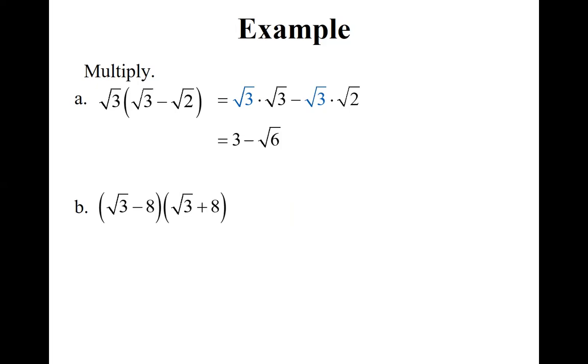Radical 3 times 8 is 8 radical 3. Negative 8 times radical 3 is negative 8 radical 3. The outer and the inner cancel each other out because of this special form. And then negative 8 plus 8, multiply those together, we get negative 64. So 3 minus 64 is negative 61.